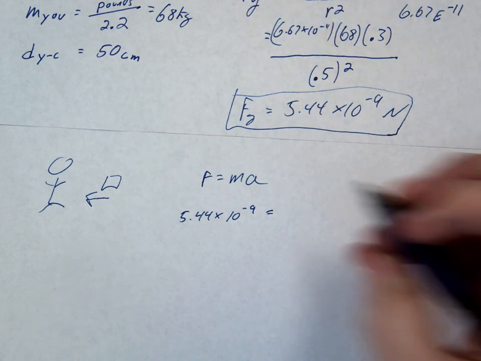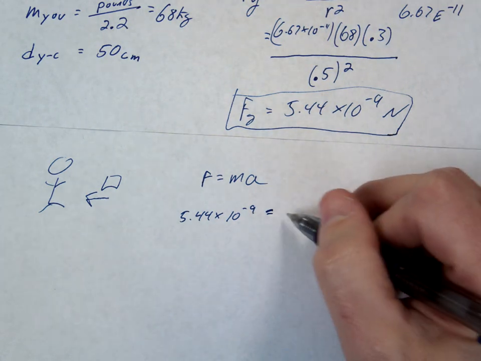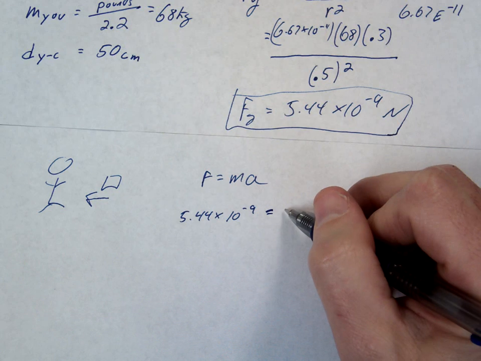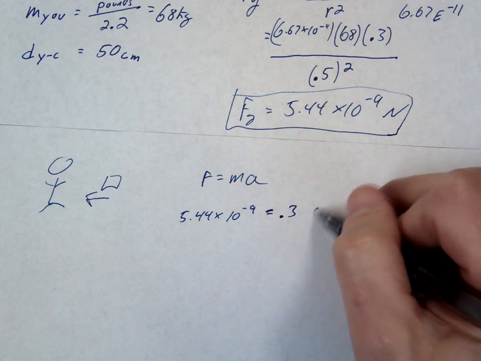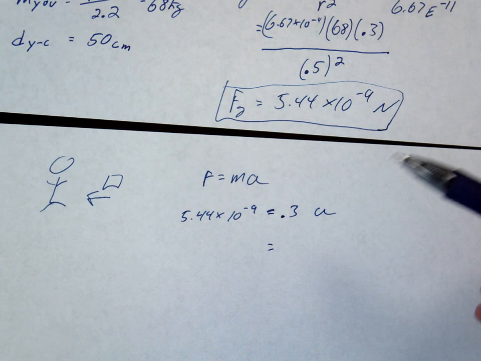That's a great question. So let's calculate the acceleration and see what kind of number we're getting. So we're going to get 5.44 times 10 to the negative 9 equals m of the calculator, which was 0.3, times a. So I'll use my number. If you want to use yours, that's fine.